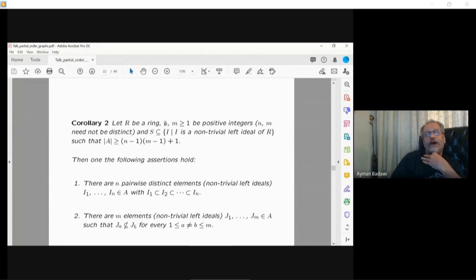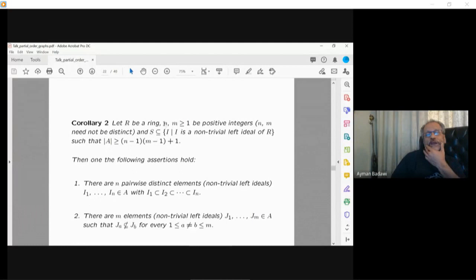As an application of that result, what does it say? Let's see, n is 5 and m is 11. You choose a set S consisting of non-trivial left ideals, and the cardinality of S, not A, is at least 51. Let me change S to A. All right.